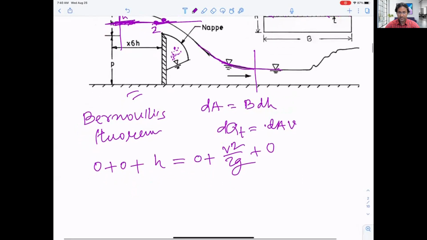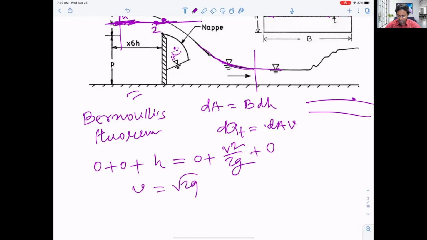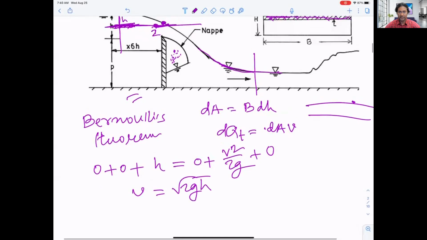The same relationship we applied in the previous two experiments, with one point on the tank and one point at the center, or for the pipe. From this, V is equal to root over 2gH. There it was 2g capital H, but here the H is changing with the velocity.